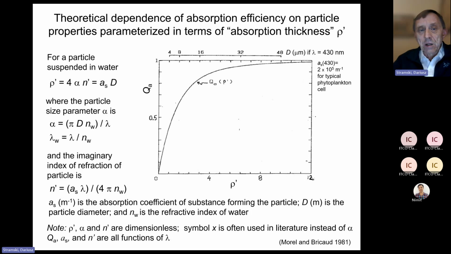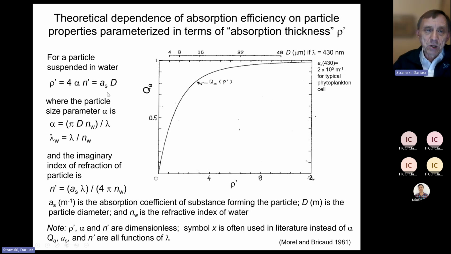So you can calculate the behavior of the efficiency factor of a single particle as a function of physical properties of the particle. The most important ones that determine absorption are the size of the particle, shown here as a diameter d, as well as the strength of absorption of the substance that is forming the particle, and that is quantified through the absorption coefficient of the substance forming the particle.